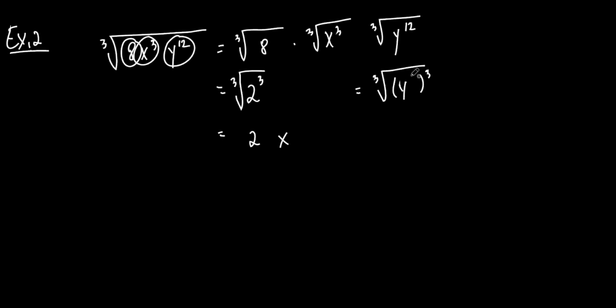Y to the 4th, right? Everybody see that? Remember the rule for exponents? If I have an exponent taken to another power, I multiply the exponents together, all right? So check it out. What do I have? What happens to that cube root and that cubed? They cancel each other out. What am I left with? Y to the 4th, and there you go. That's how we simplify that.